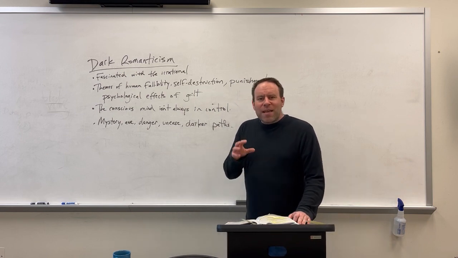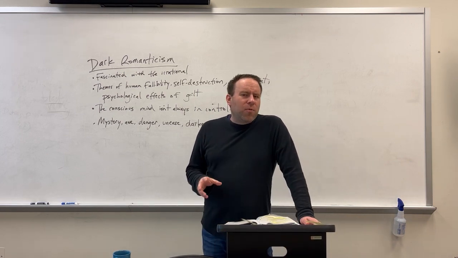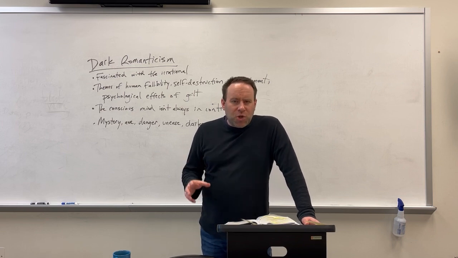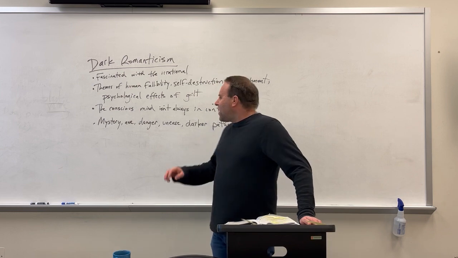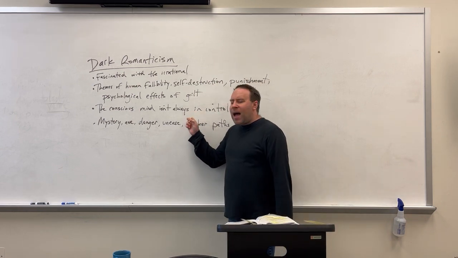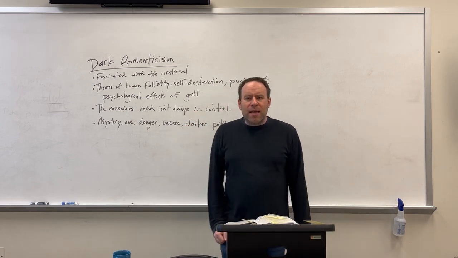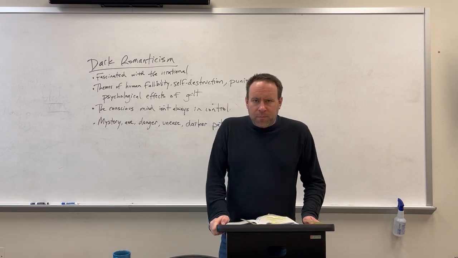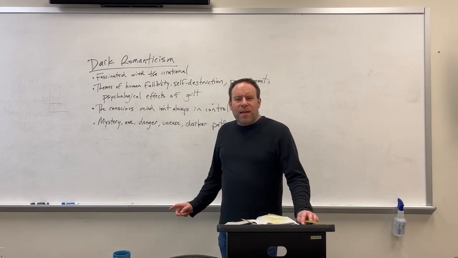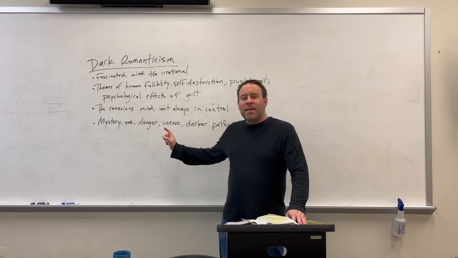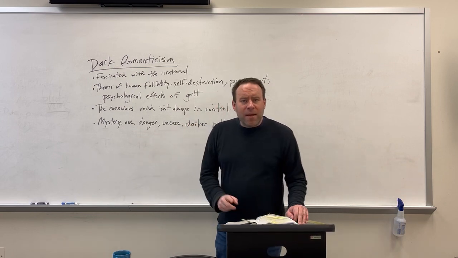The major insight of the dark romantic subgenre within the romantic movement is that the conscious mind is not always in control. This is important for us to emphasize because it stands in contrast to the Enlightenment.